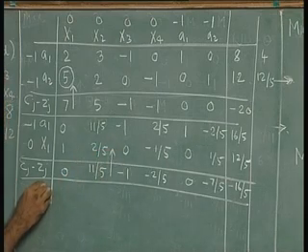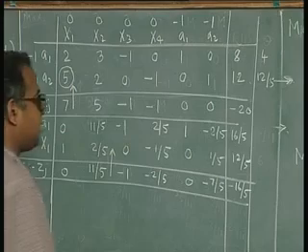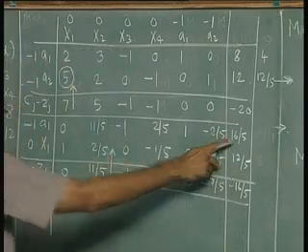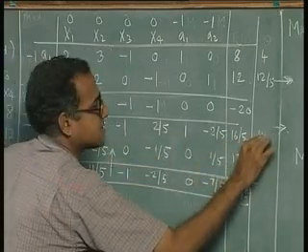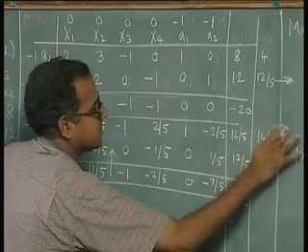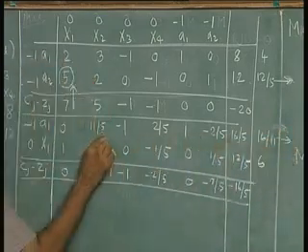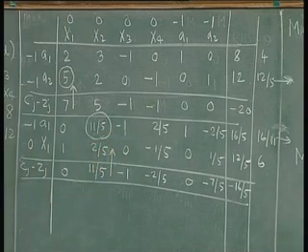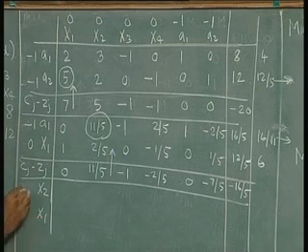So, now I have to find out the leaving variable. 16 by 5 divided by 11 by 5 is 16 by 11, 12 by 5 divided by 2 by 5 is 6. So, this leaves, this is the pivot. Now, you have x2, x1. So, x2 has 0, x1 has 0.